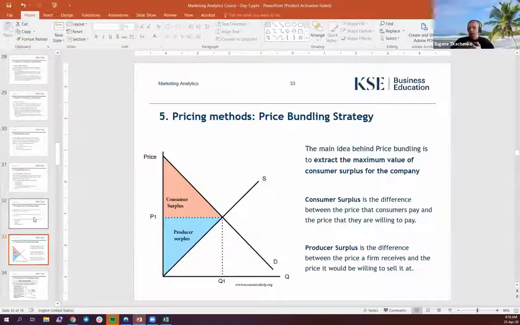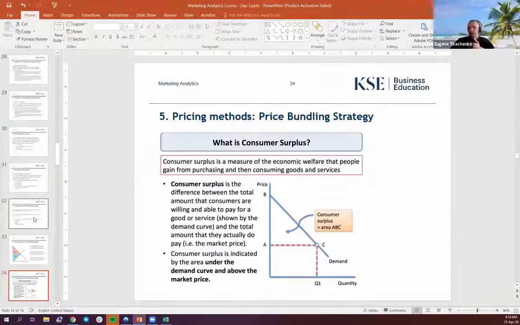And in order not to be really confusing, let me put it in a bit simpler way. Customer surplus is just the feeling, the idea that you are getting value based on the existing price. So for example, in your mind, I'm considering this pen has a value of $1.